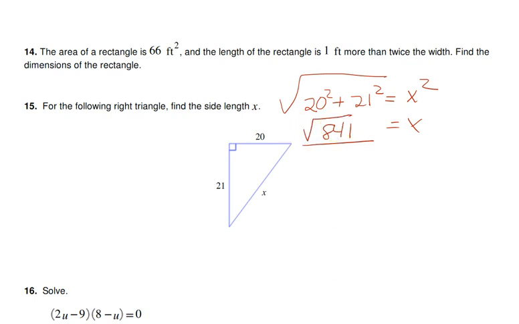Take the square root of that. And I go second function square root of second function answer. And it comes out a nice even 29. That's nice. I didn't have to round off or anything. Okay, let's pause and move it up.